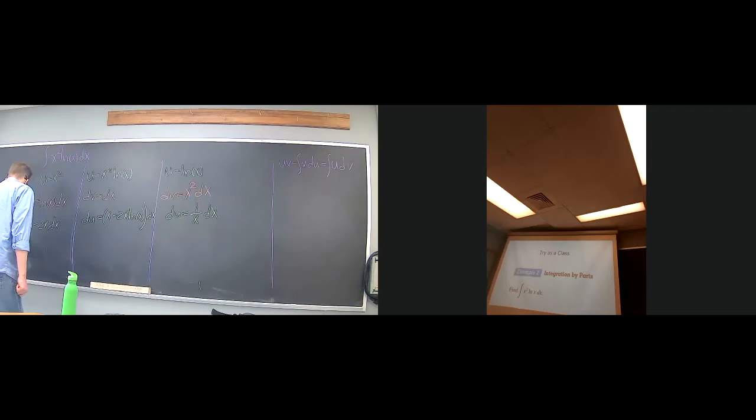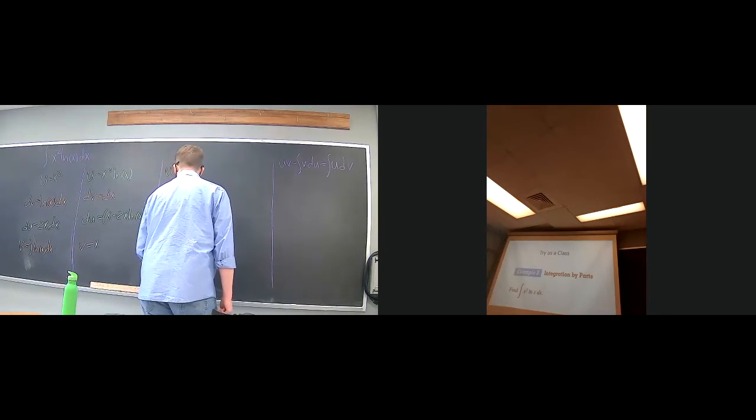So over here, v is going to be the integral of the ln of x dx. Over here, v is going to be x, and here, v is going to be 1/3 x to the third.